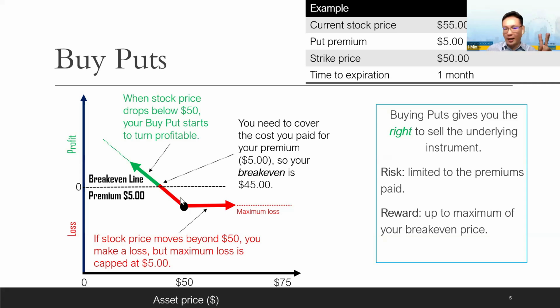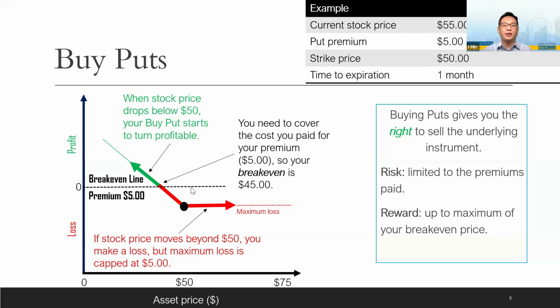So put gives you the right to sell. Again, this one I just have to picture visually. So let's say, for example, you buy a put option from the option seller, you pay him $5. After that, you have the right to sell him the underlying stock at $50. You do this with the opinion that you think the price is actually going to drop.